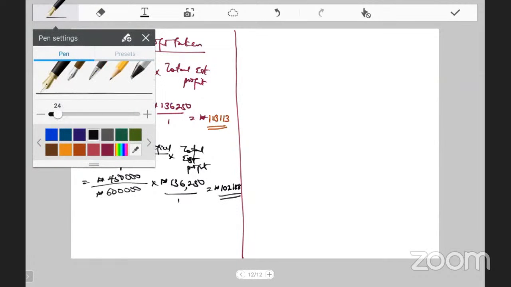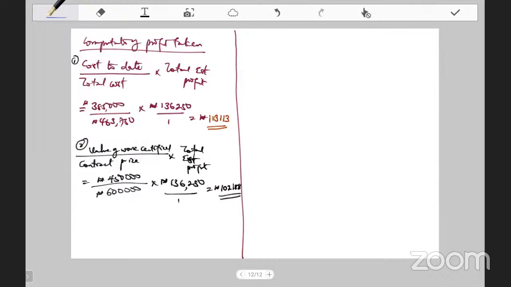Then the third step is for us to compare. Let me take the third one up here.